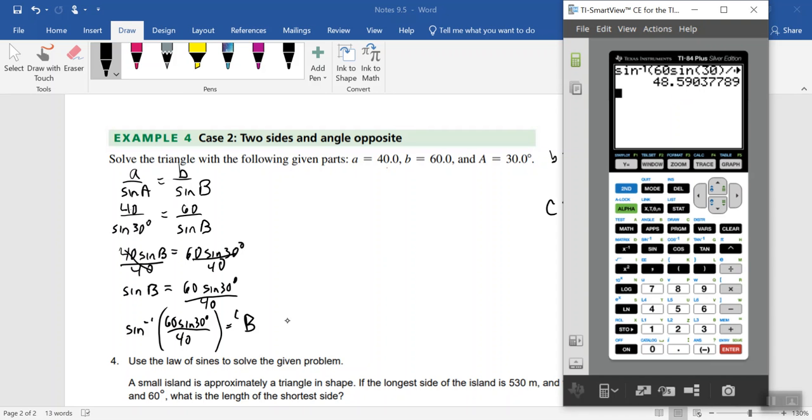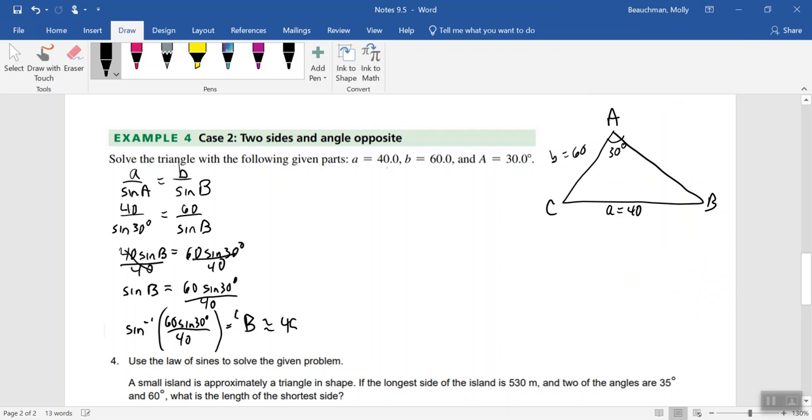I'm going to round it to the nearest tenth. Keep in mind, that's not the only angle that has that sine. So there's an angle B of 48.6 degrees. There's also a reference angle of 180 minus 48.6 degrees that has that same sine.